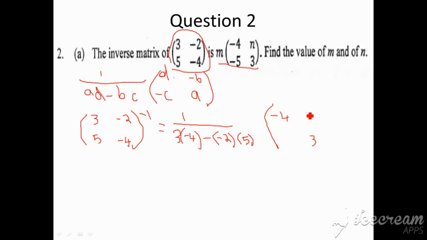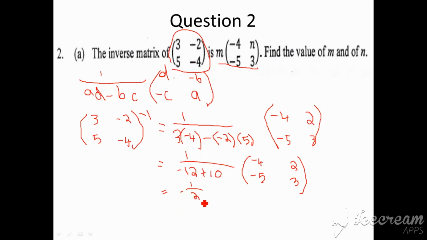Negative 2 becomes positive 2. Positive 5 becomes negative 5. So 3 times negative 4 is negative 12. Negative, negative, positive, 2 times 5 is 10. Negative 4, 2, negative 5, 3. So negative 12 plus 10 is negative 2. Negative 5, 2, and 3.